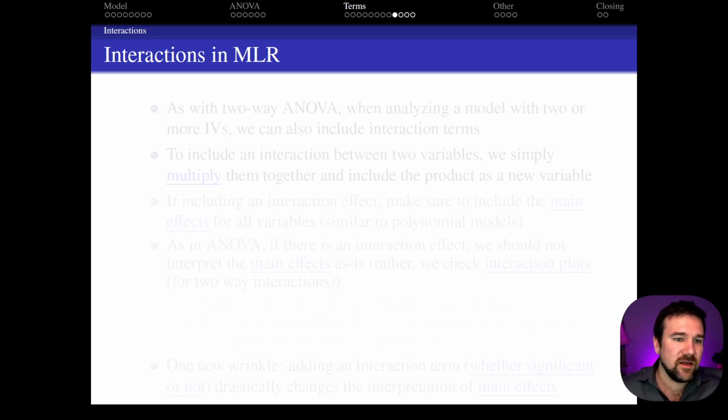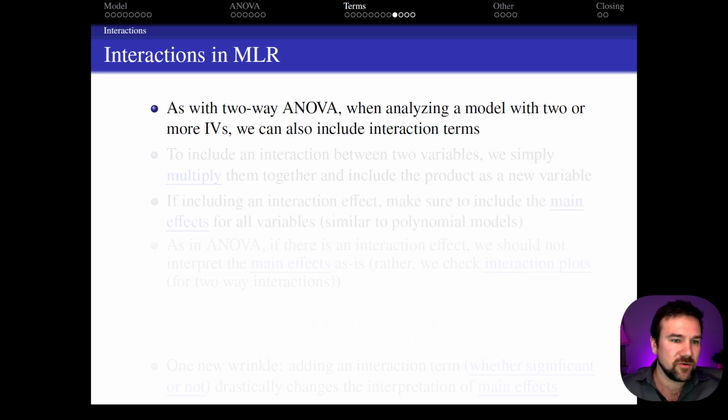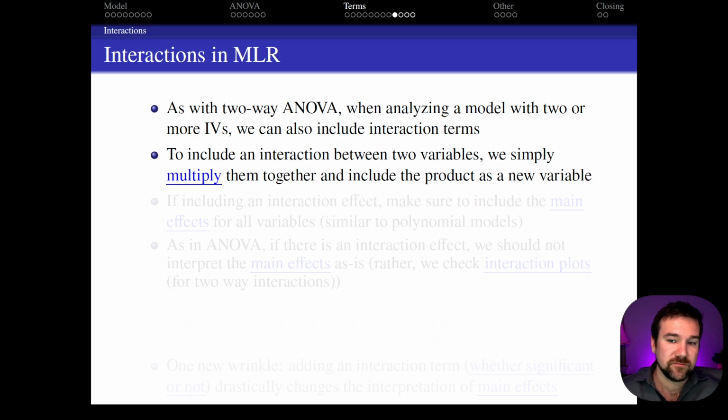All right. Well, last but not least, let's talk about interaction in multiple linear regression. So as with two-way ANOVA, when we deal with models that can handle multiple independent variables, we can include interaction terms.